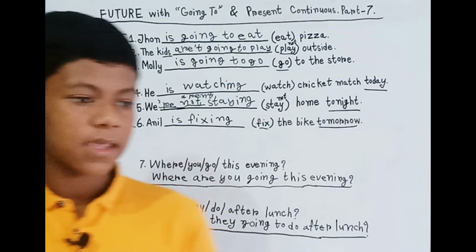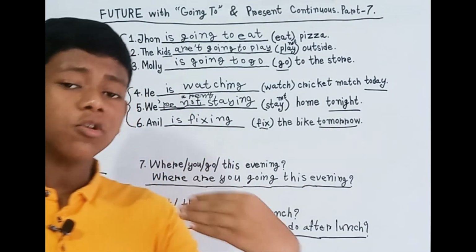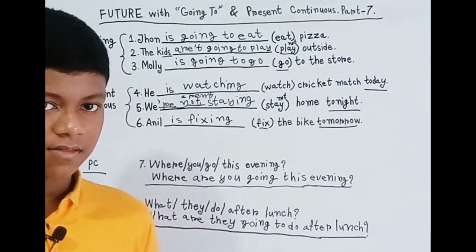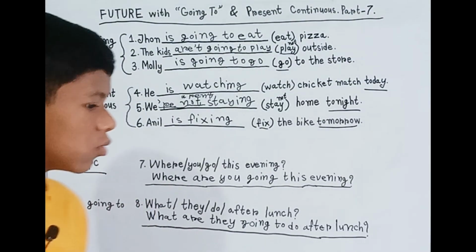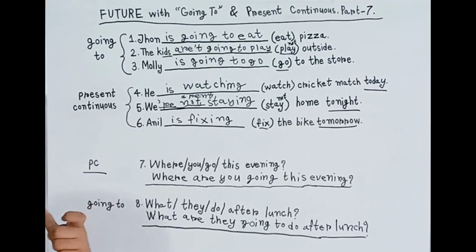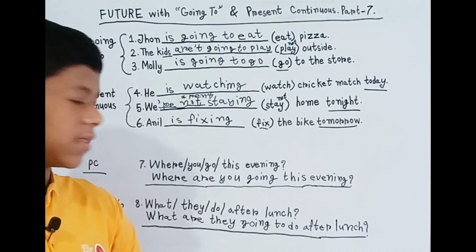But there's one thing we have to remember, that is, we can also make it into a negative sentence. Now, it's in the present continuous, so we can use where aren't you going this evening?